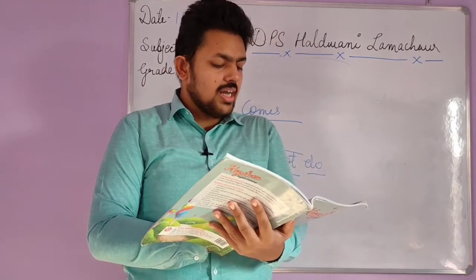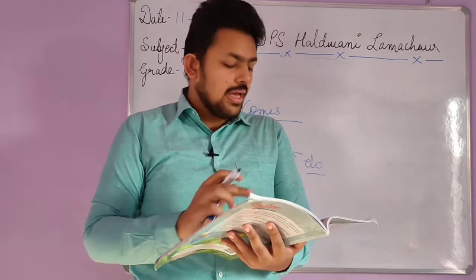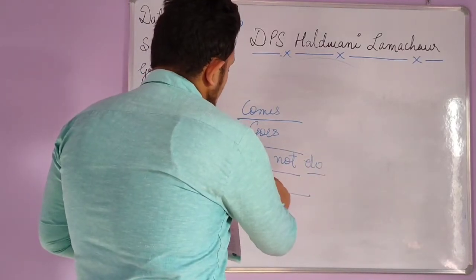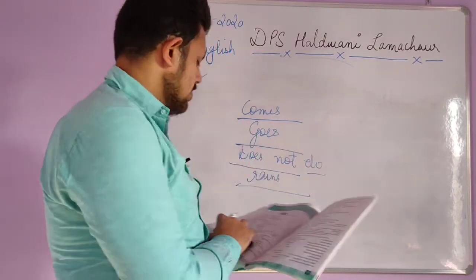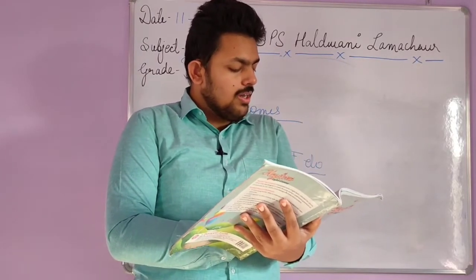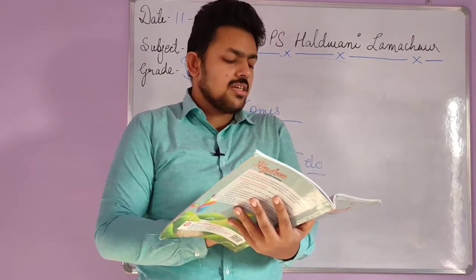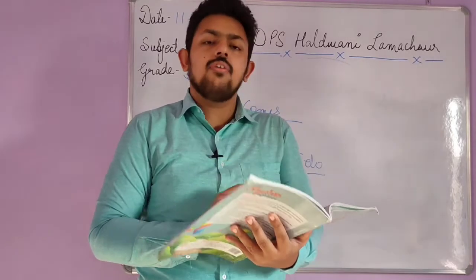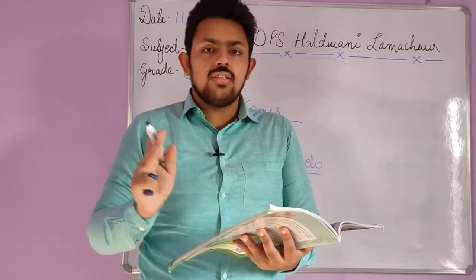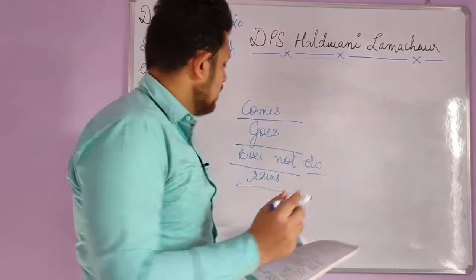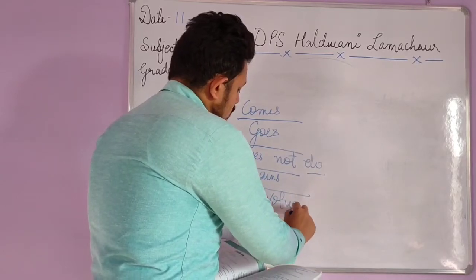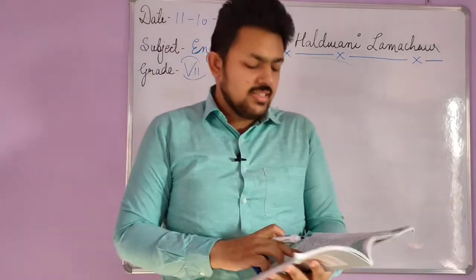Fourth, the peacock will dance when it rains. Peacock is also singular, so the peacock will dance when it rains. Fifth one, my earth dash around the sun, and the bracket is revolve. So what is the correct form? Earth is also a singular thing, so my earth revolves around the sun. Like this you will do the rest of the sentences.